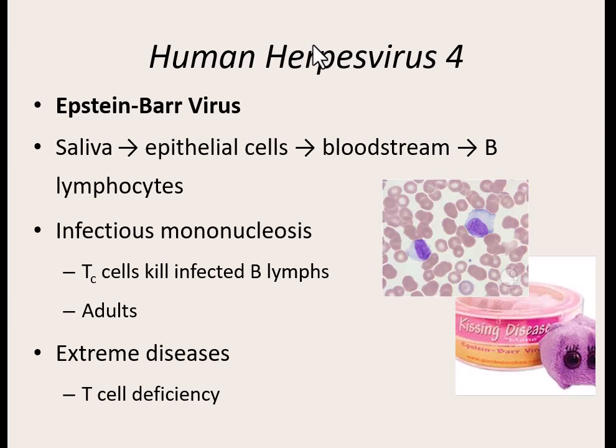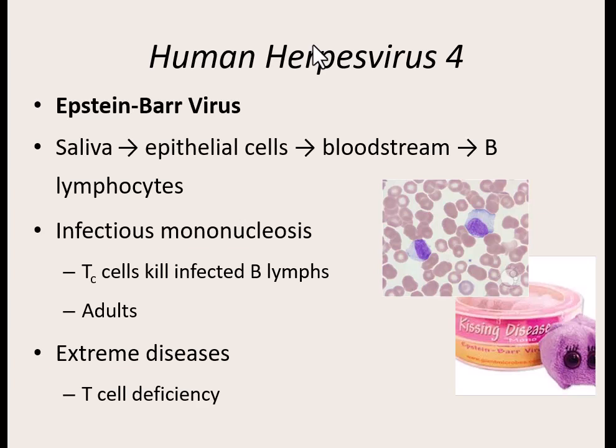So the highest concentration of the virus is found in saliva, and it's spread through any kind of saliva interaction. So it's normally known as the kissing disease, and it causes the disease infectious mononucleosis, but that's a lot to say, so we generally just call it mono. Mono is also known as the kissing disease because it's spread by saliva.